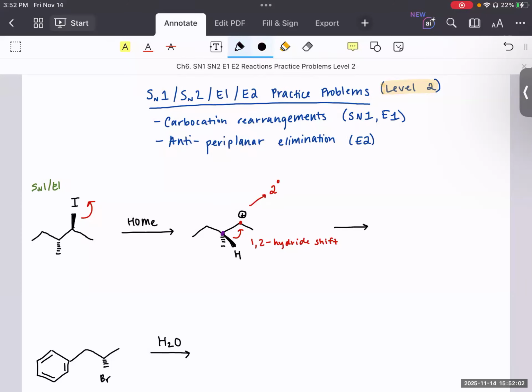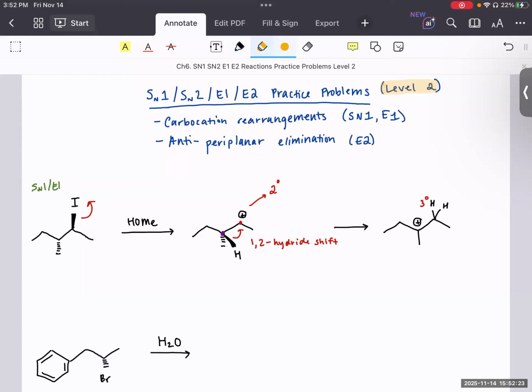And so we end up with a carbocation at that tertiary position. And that initial hydrogen is now bonded to that carbon that initially had that carbocation.